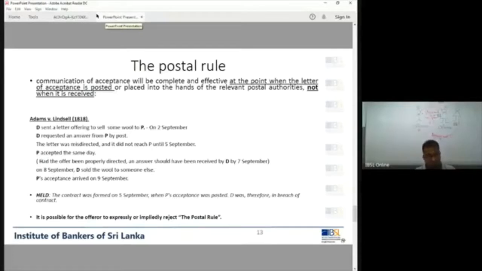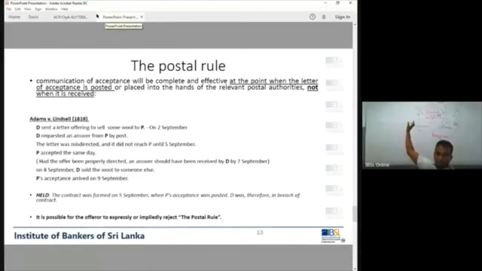As I told you before, there is a legal requirement to have a valid acceptance. The acceptance must be communicated to the offeror by the offeree. Think again: the offeror makes an offer to the offeree, the offeree accepts the offer, and it has to be communicated to the offeror.